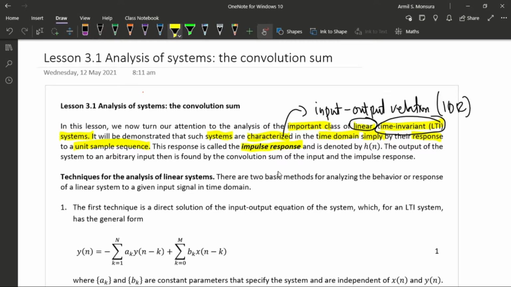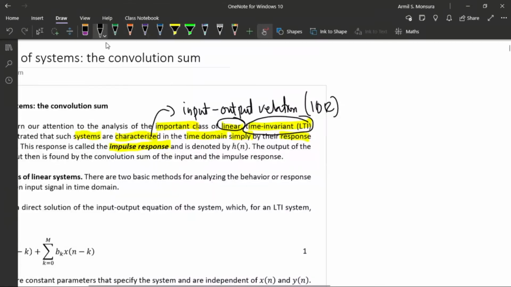When you say impulse response, essentially response means output.